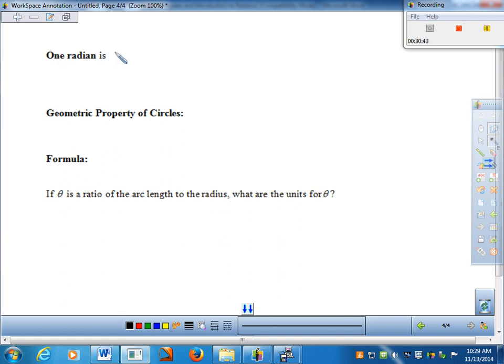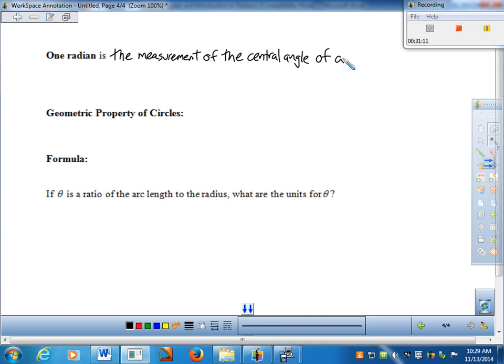Okay, let's get this in here. 1 radian is the measurement of the central angle of a circle, and that's exactly what you did there.